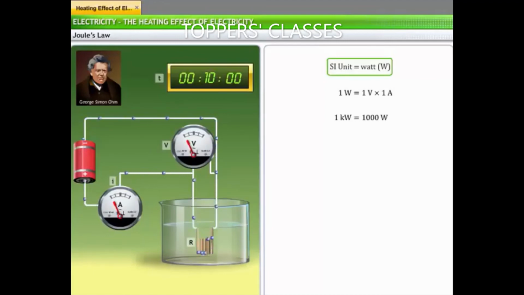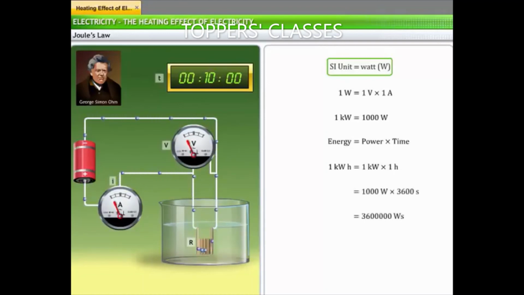According to the definition of power, energy can be represented as the product of power and time. For commercial purposes, the unit of electric energy is kilowatt hour, denoted by kWh.